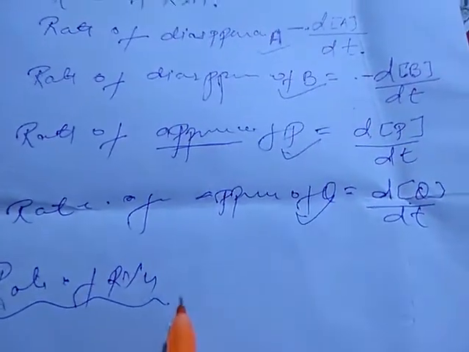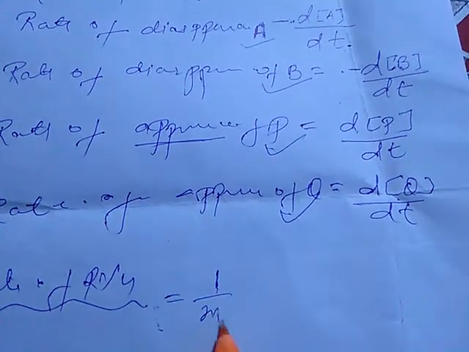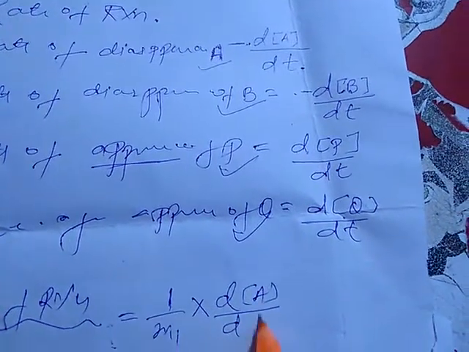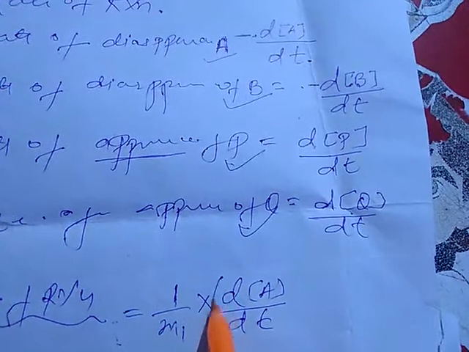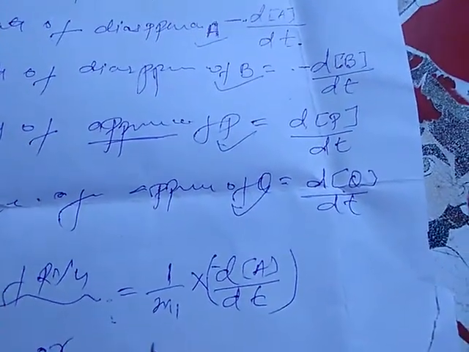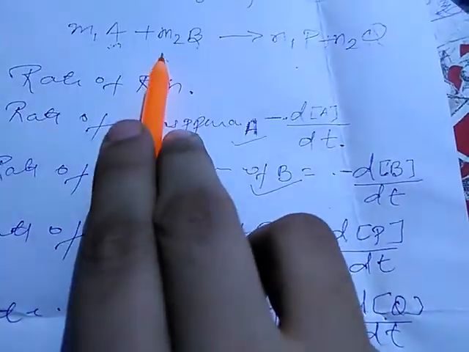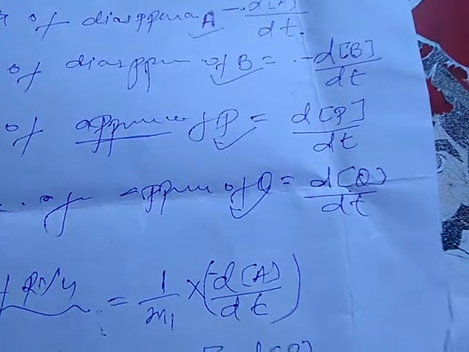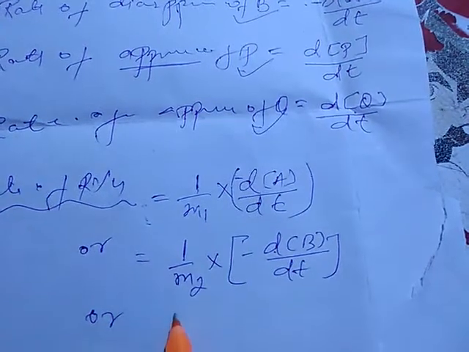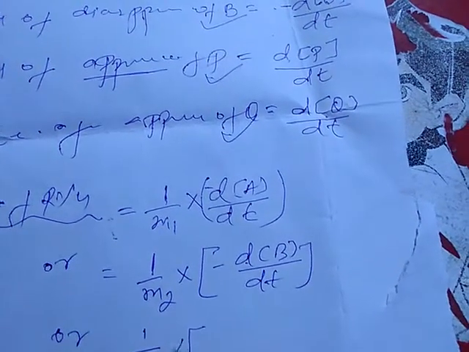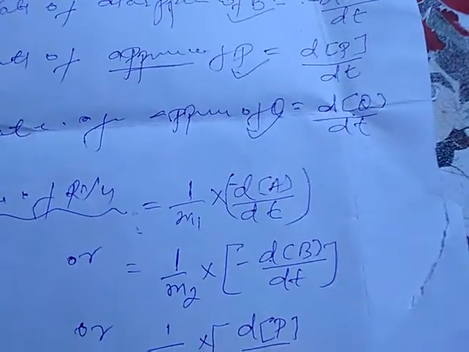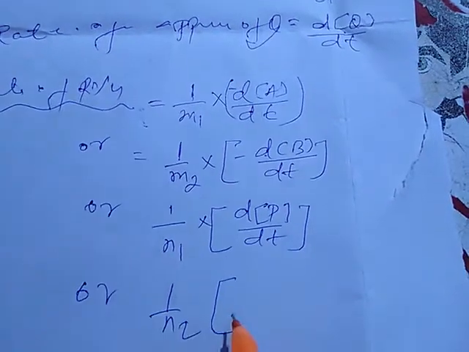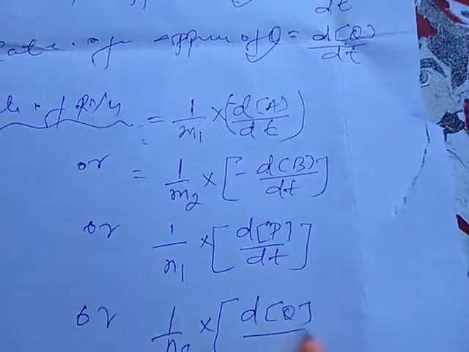So the rate of reaction will be equal to 1 by m1 into minus dA by dt, or will be equal to 1 by m2 into minus dB by dt, or 1 by n1 into dP by dt, or 1 by n2 into dQ by dt.